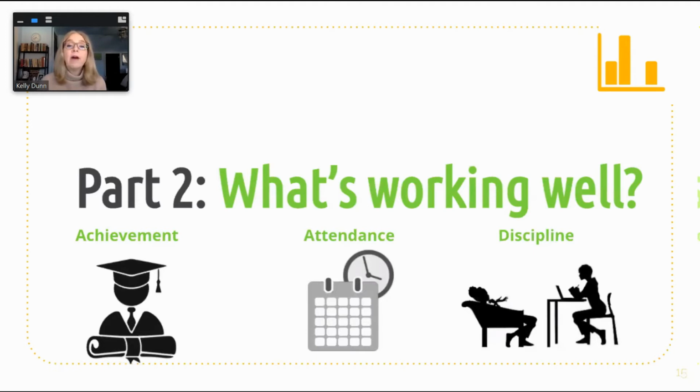Look at and identify what is working well according to your school data reports for achievement, for attendance, and for discipline. Be sure to look at disaggregated data by subgroup or categories, such as by race, ethnicity, grade, gender, socioeconomic status.